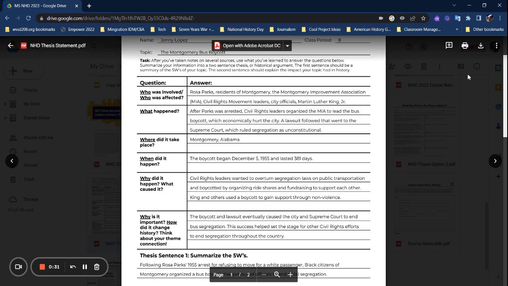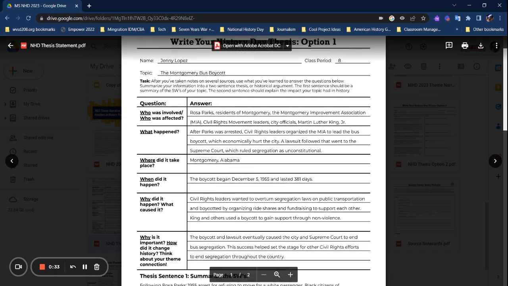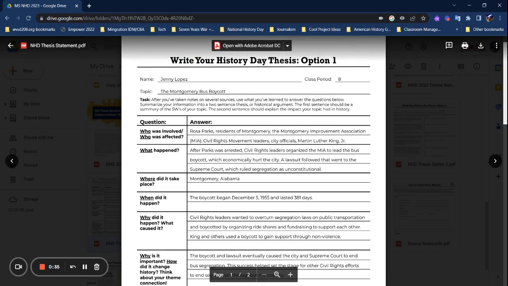So this is an example of the activity that you're going to be working on the next day or two. So you say this is write your history day thesis option 1. There's a second part that we're going to do once you've had some time to do some research. So what we're looking for in this activity is the 5 W's that relate to your topic.